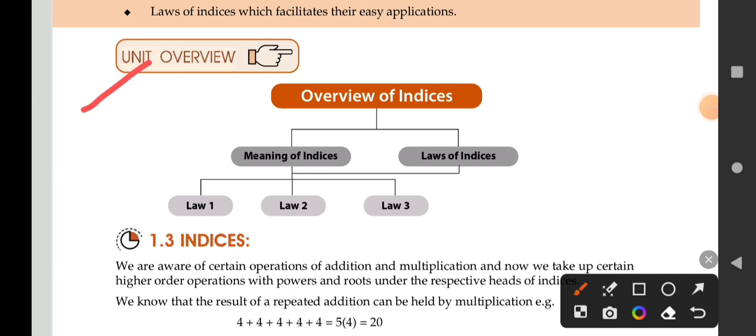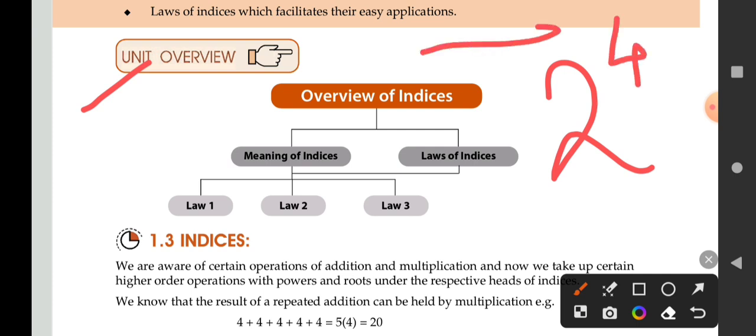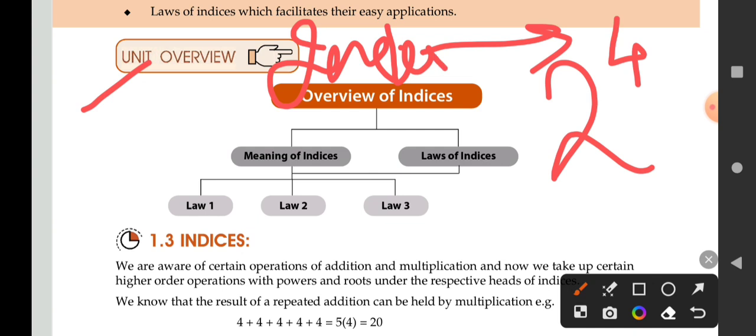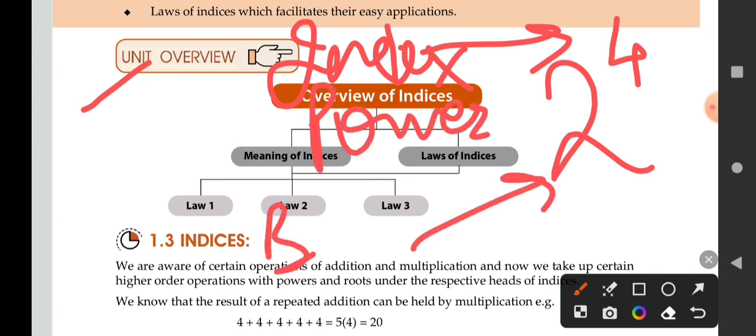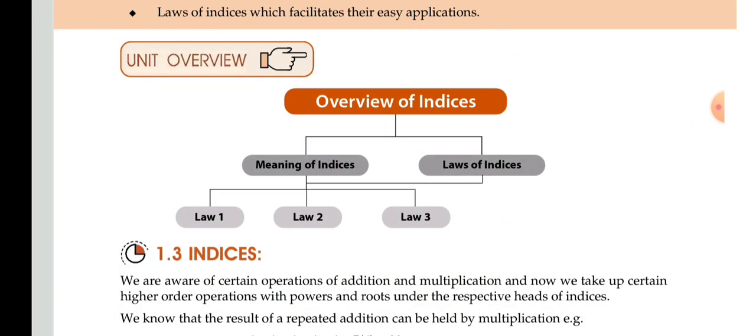Unit overview. Overview of indices: meaning of indices and laws of indices. Indices, I've told you, are the power. This is known as the index or power, and this is known as the base.